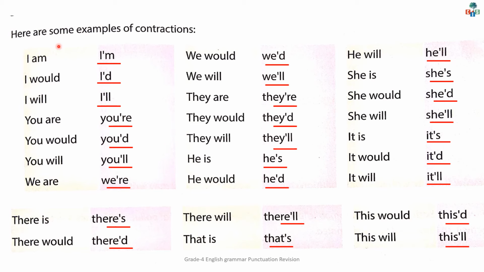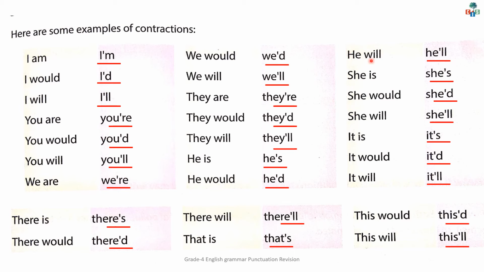Now children, here are some examples of contraction. See these words. I am. When I want to join these two words, I will use an apostrophe and it will become I'm. I have omitted this letter A and in that place I have used an apostrophe to make a contraction. I'm.